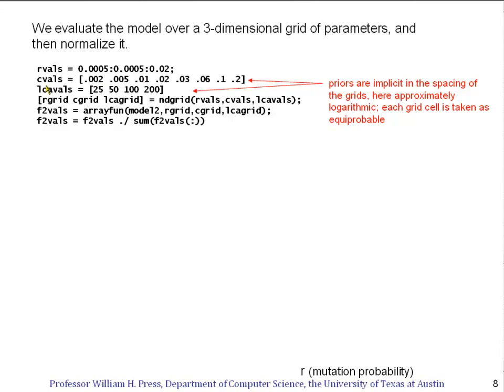We're going to take a set of interesting values for c, the probability per generation of a non-paternal event. So just to span a big logarithmic range, let's try values of c: 2 parts in 1,000, 5 parts in 1,000, 1%, 2%, 3%, 6%, a tenth, and 20%.